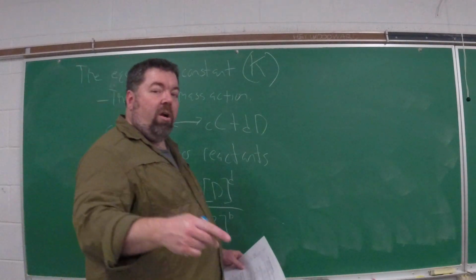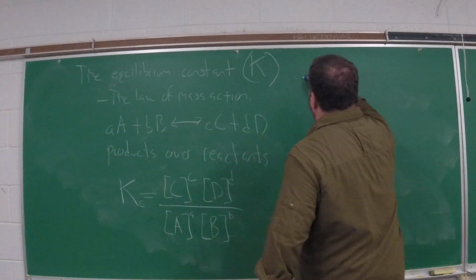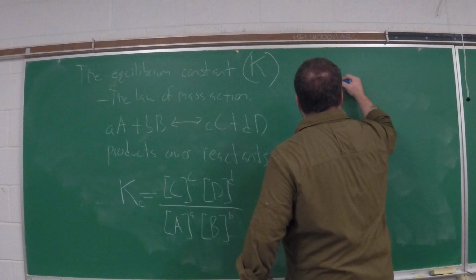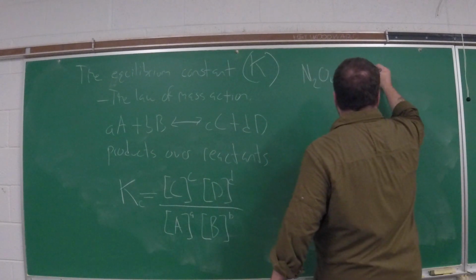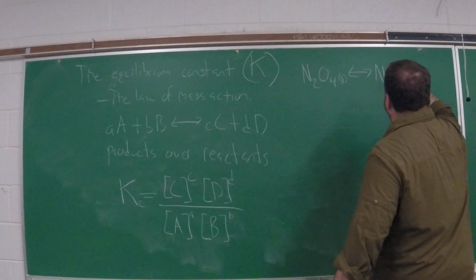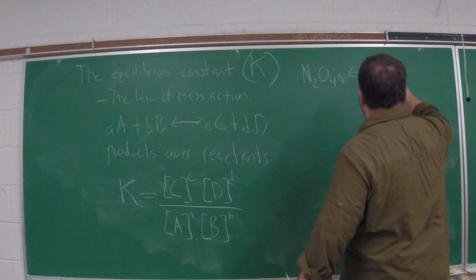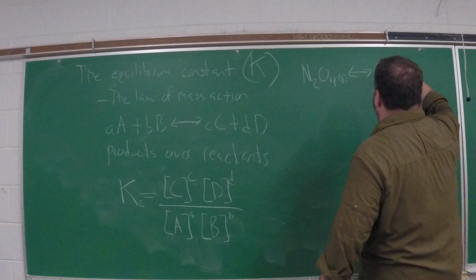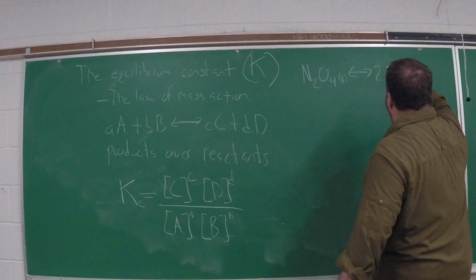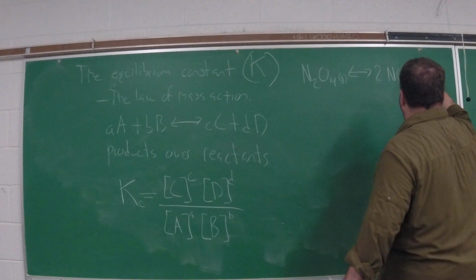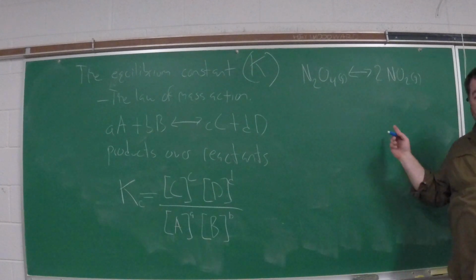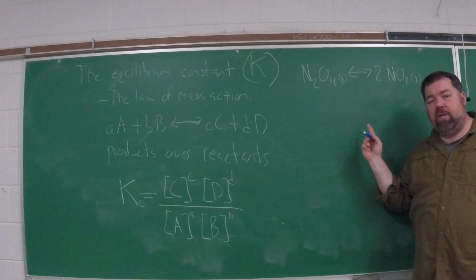So let me go back to our example from earlier. Again, we had N2O4 goes to 2NO2 gas. I'm going to write out the equilibrium constant expression for this.